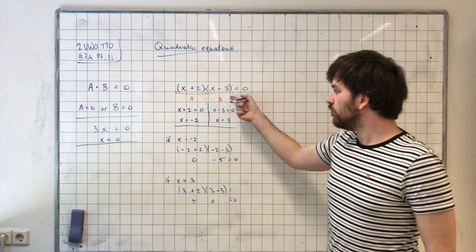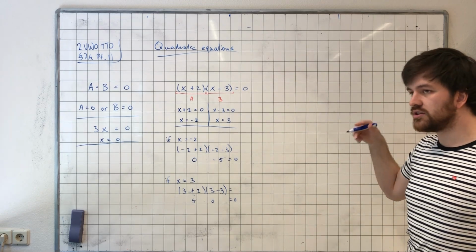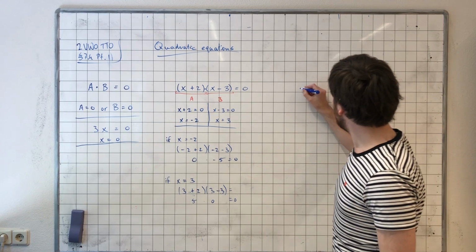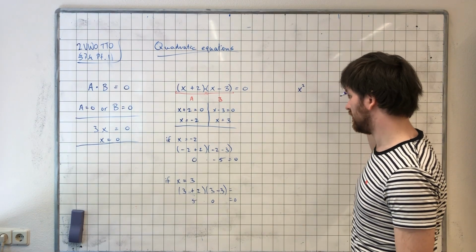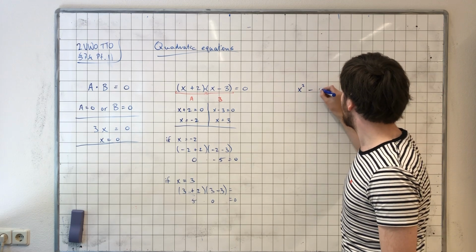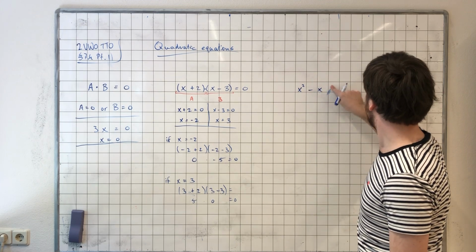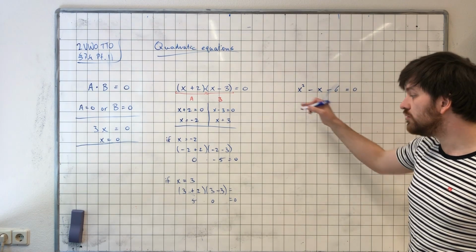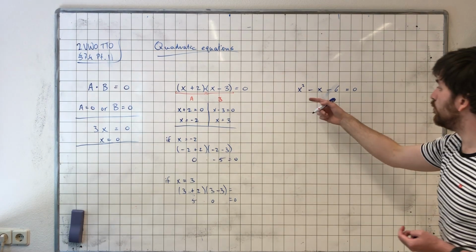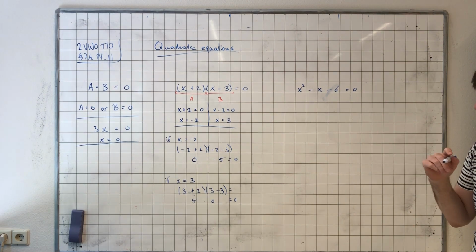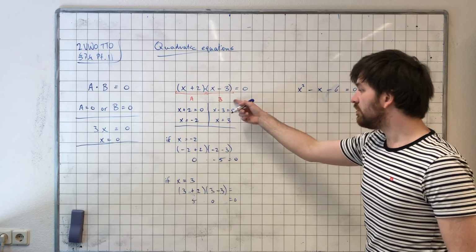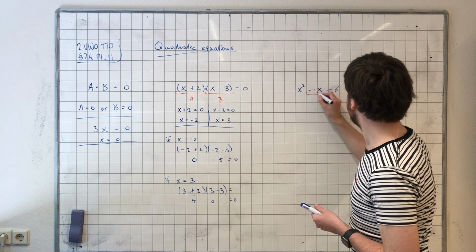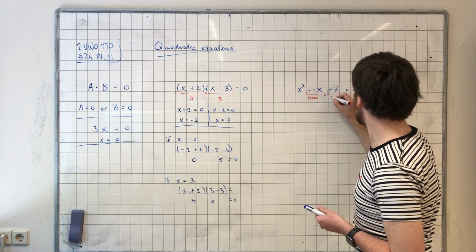So what does this have to do with the quadratic equations? Well, hopefully you remember the product sum method. Imagine we have x squared minus x minus 6 equals 0. And we want to find numbers for which, if we fill them in, this makes sense. We would first use the product sum method, and the product sum method tells us that minus 1 is our sum, and minus 6 is our product.